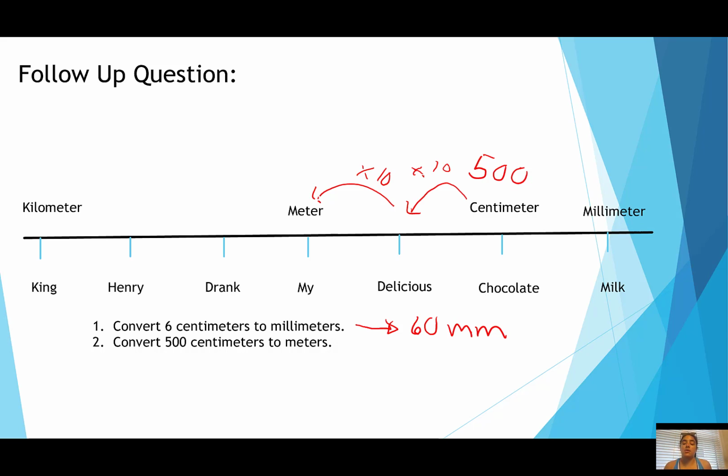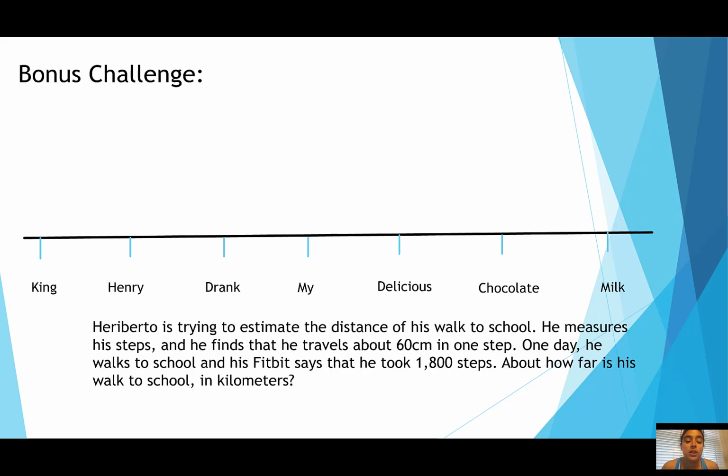Because the unit of measure is bigger, we need less of it. So it's the opposite. It's like dividing. So we're doing 500 divided by 100, which gives me 5 meters. Okay, nice job.